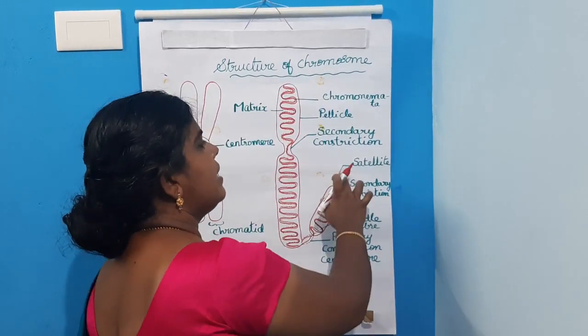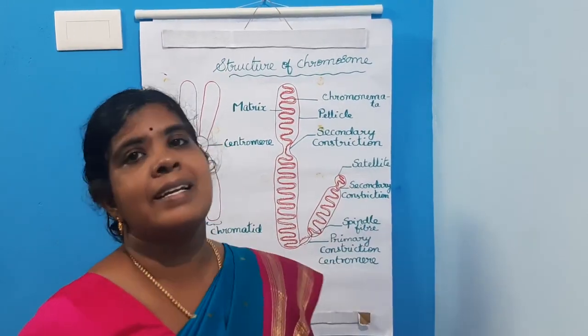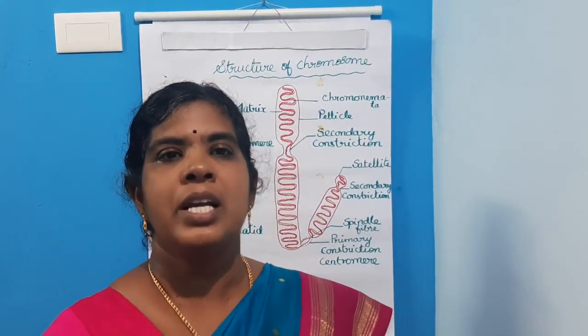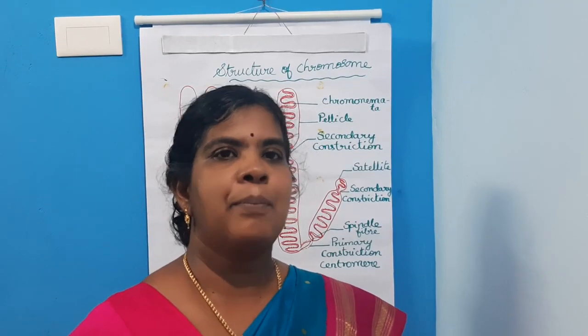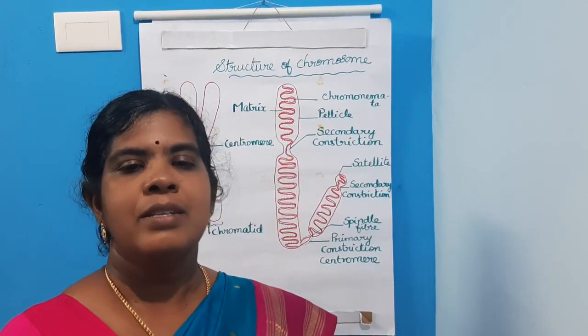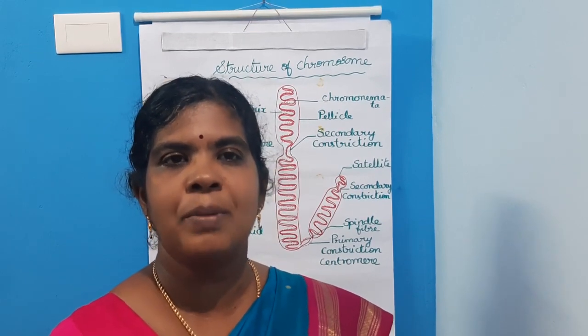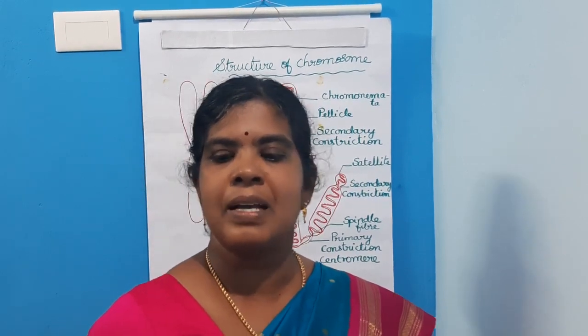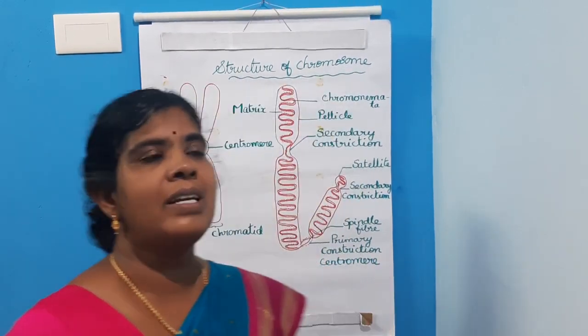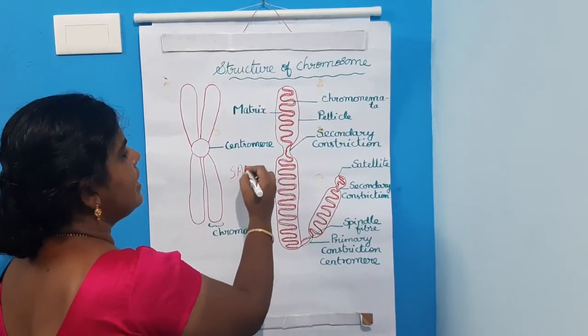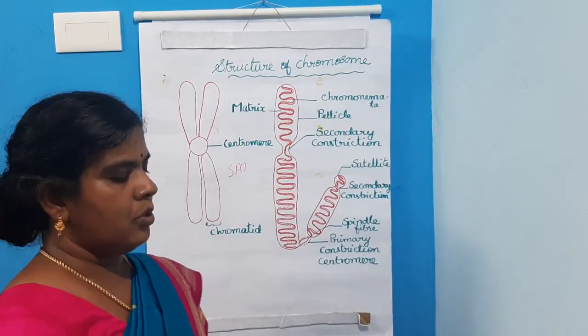Next is the chromosomal satellite. Some chromosomes have elongated, knob-like appendages at one end. This is called the chromosomal satellite. The chromosomes having satellites are called SAT chromosomes.